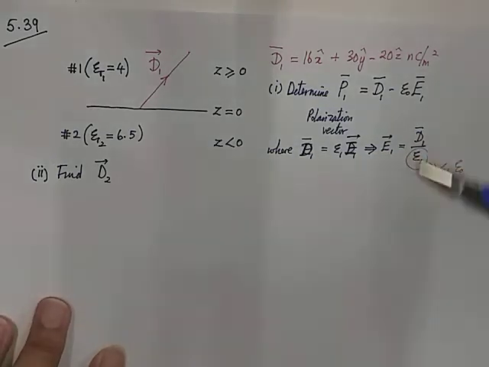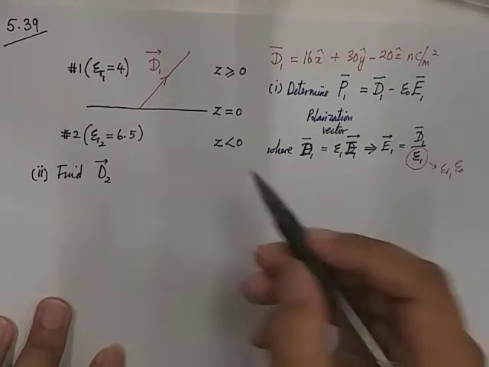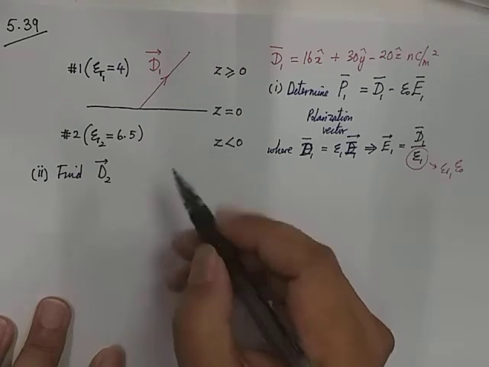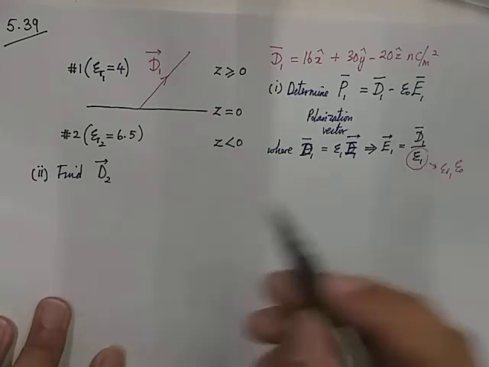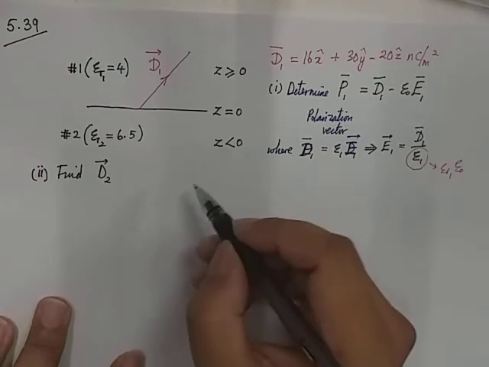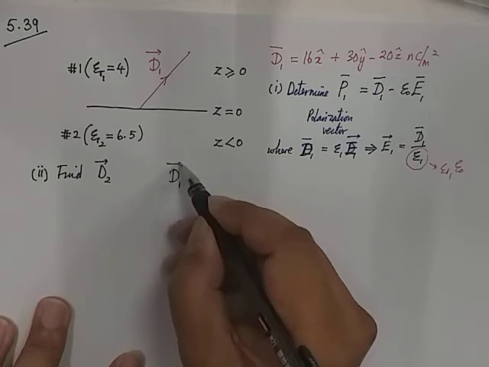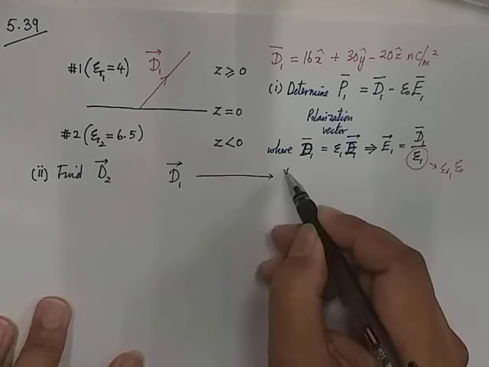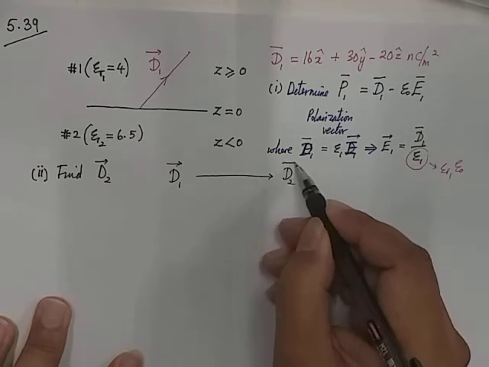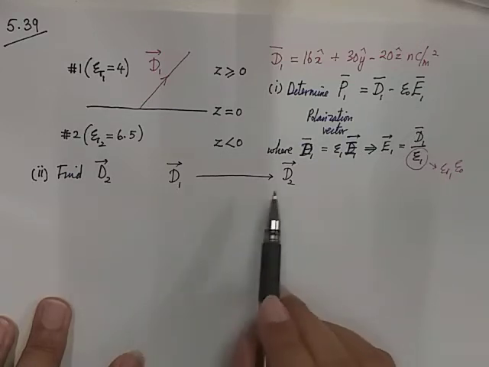In order to find D2, we need to use the information of D1. Since the question gives us D1, that should be the intention: given D1, find D2.